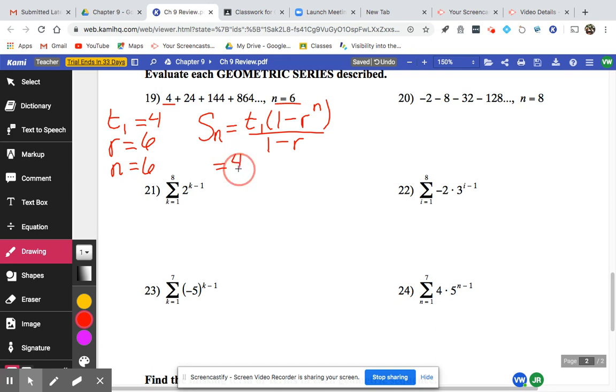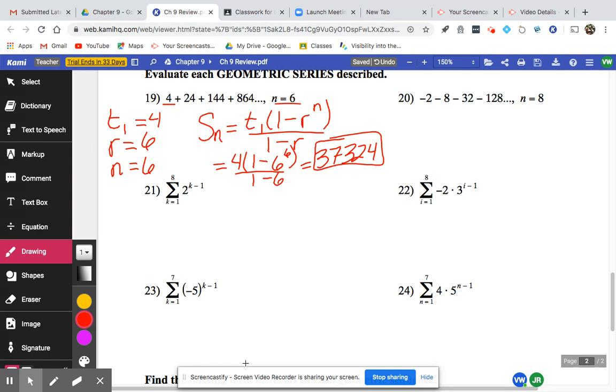First term is 4, so we take 4 times 1 minus 6 to the 6th power, all over 1 minus 6. When you plug that into your calculator, you will end up with 37,324.